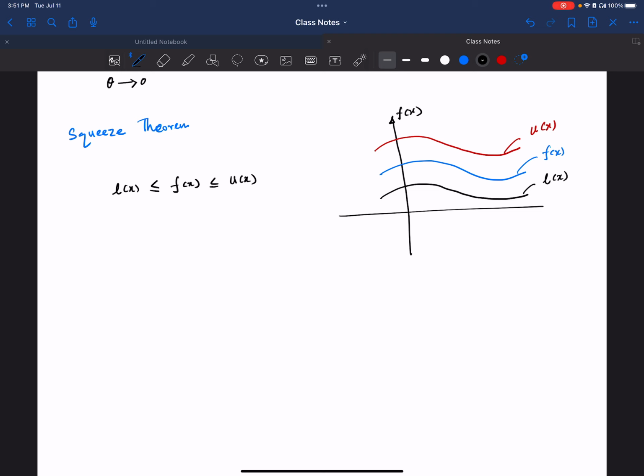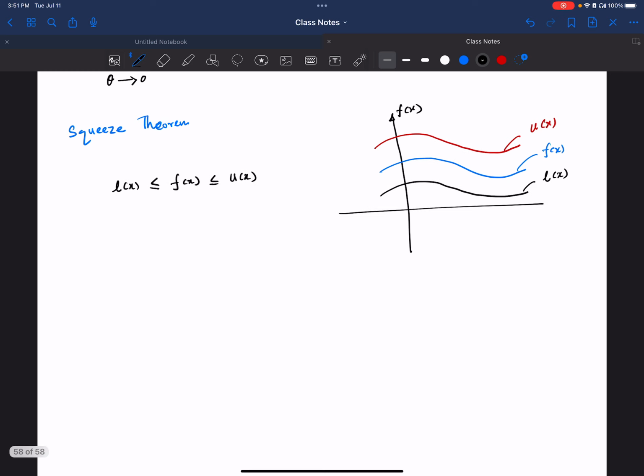And assume that you have a c in the open interval (a, b).